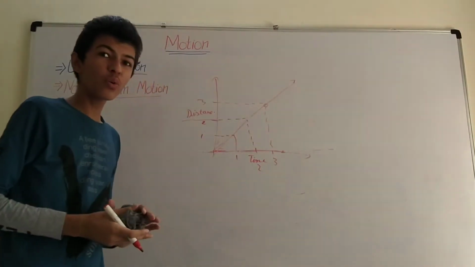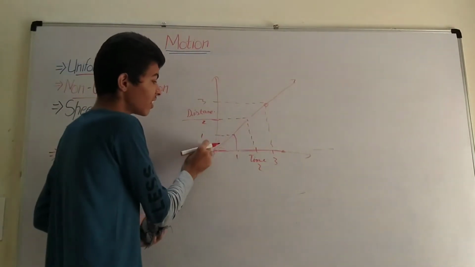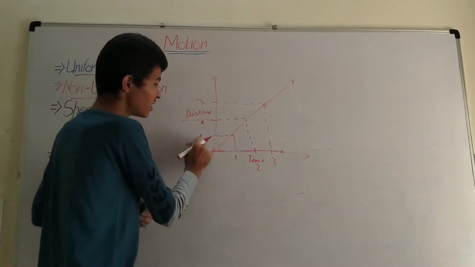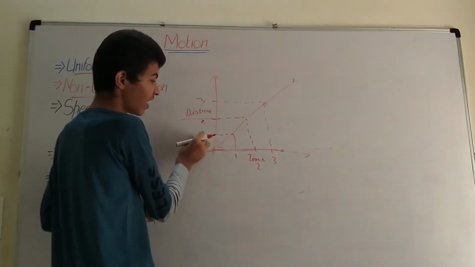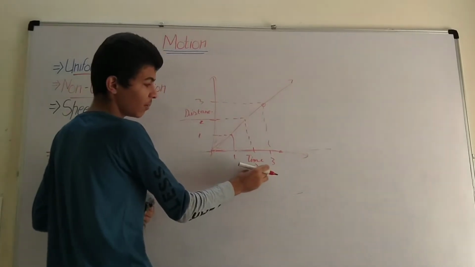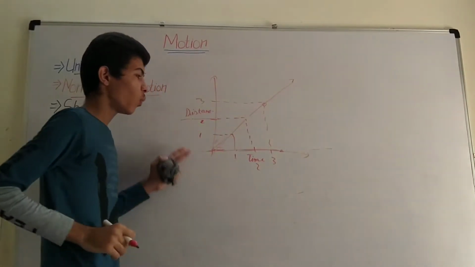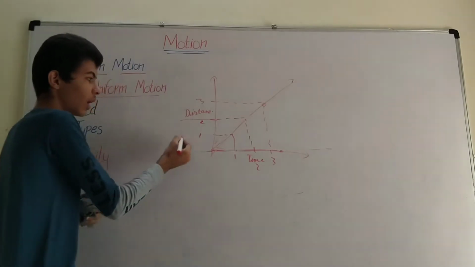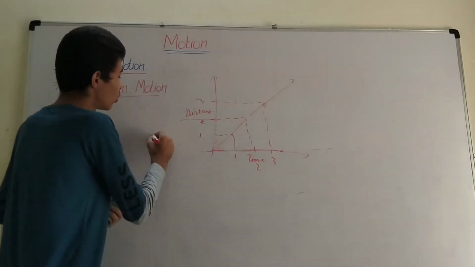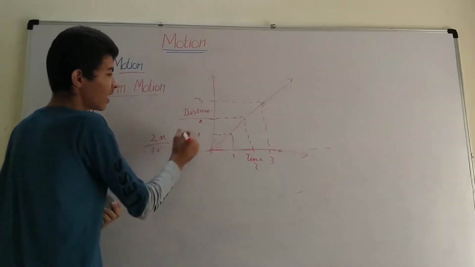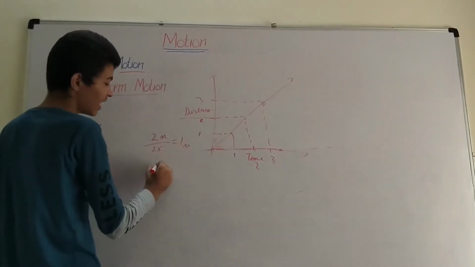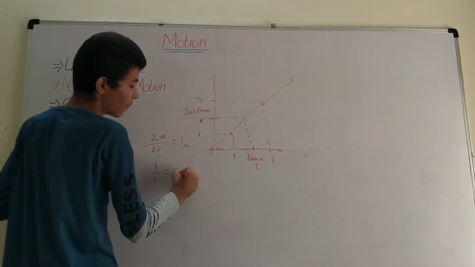As you can see, it is traveling equal intervals: in 1 second it travels 1 meter, and in 2 seconds it travels 2 meters. Now we can calculate the speed from here. 2 meters traveled in 2 seconds, the speed is 1, and 1 meter in 1 second is 1 divided by 1, that is 1 meter per second.